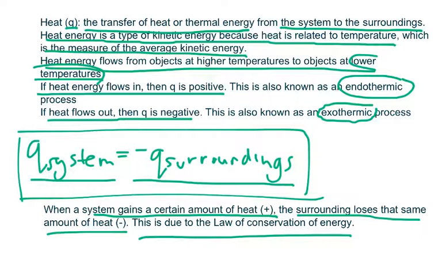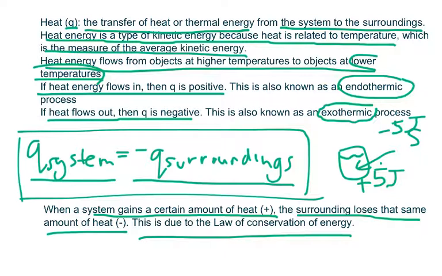So, to put it into perspective, if a cup of water gained 5 joules of heat energy, or positive 5 joules, then the surroundings, which I'll label as S, must have lost 5 joules of heat energy, because all the energy went from the surroundings to the cup, and it wasn't destroyed nor created.